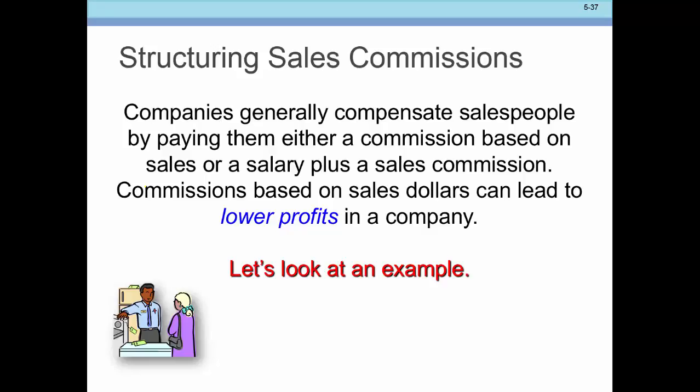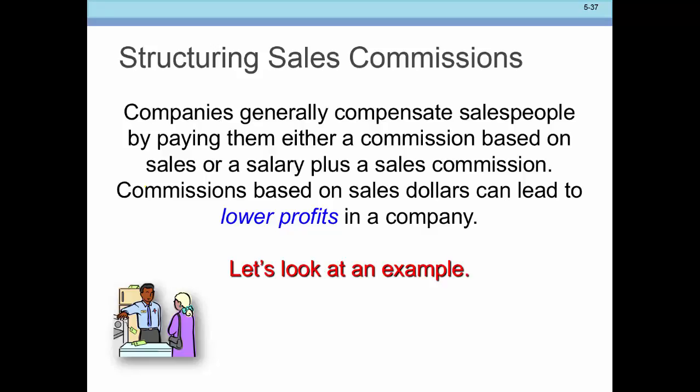So what happens? We tell the guy, for every item you sell, we'll give you a 10% commission, and that'll add to your salary, or that is your salary, right? If you're that salesperson, are you going to sell the higher cost items or the lower cost items? Higher cost, because 10% of a bigger number is more money in your pocket, right?